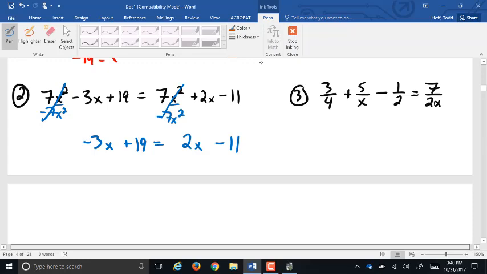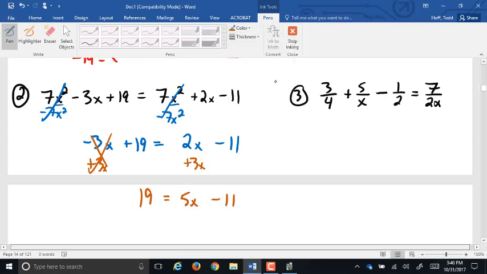This is just a regular equation to solve. What do we do first? We get rid of the negative 3x by adding 3x. So I've got 19 equals, what's 2x plus 3x? 5x minus 11.